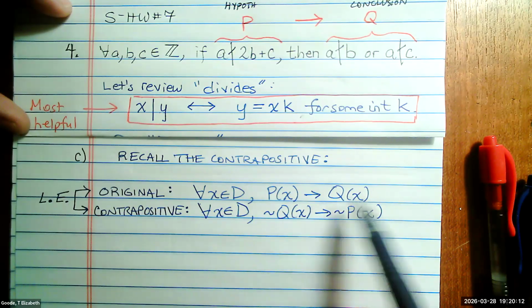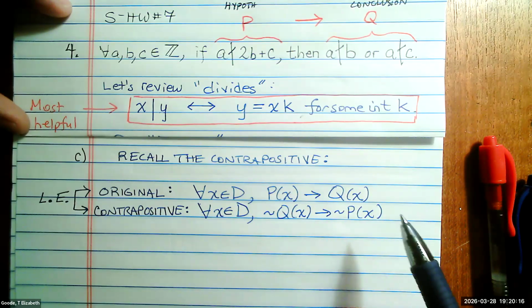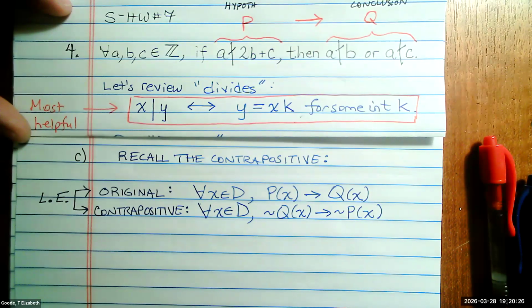Because if X is a rose, it has to be a flower. If it's not a flower, then it can't be a rose. Remember that example that we looked at way back when? Okay, good. So we're going to utilize this logical equivalence when we write proofs by contrapositive.